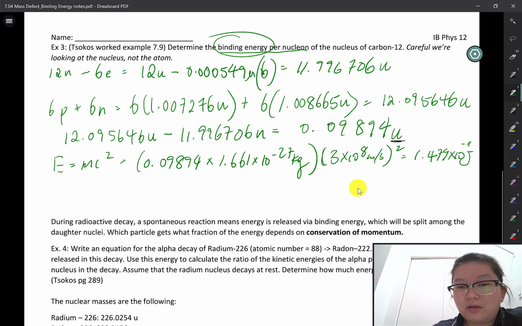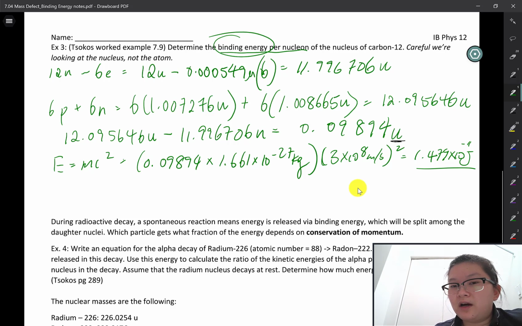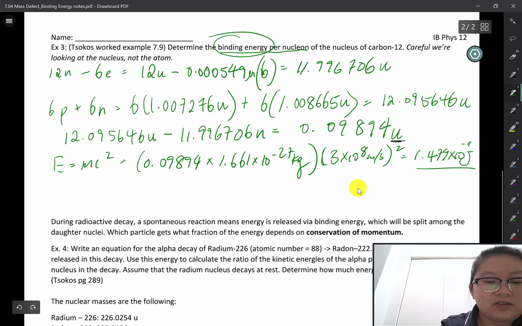To find the binding energy per nucleon, we have the binding energy. Binding energy per nucleon means how much energy is required to hold one nucleon inside the carbon-12 nucleus. So for carbon-12, we just need to divide this by the number of nucleons in carbon-12 to figure out how much energy per nucleon.